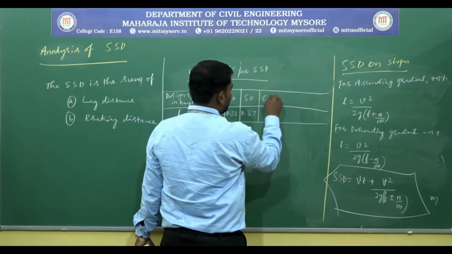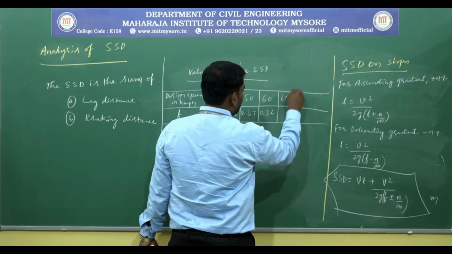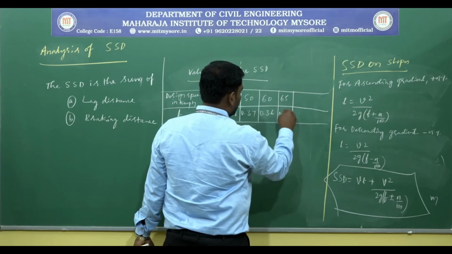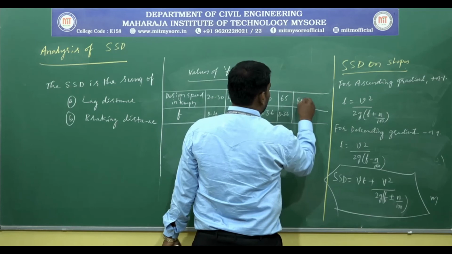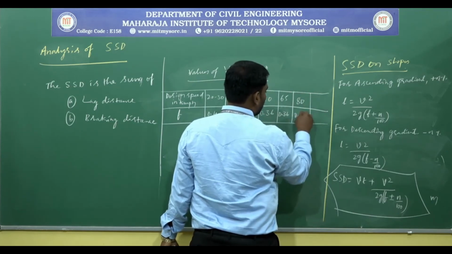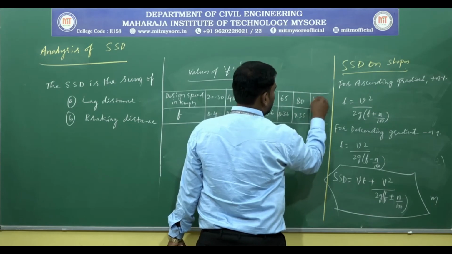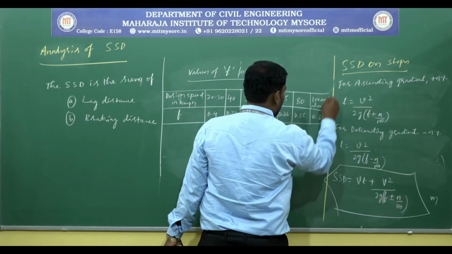For 60 km per hour, it becomes 0.36, and for 65, it is also 0.36. For 80, it is 0.35, and for a design speed of 100 and above, it is 0.35.